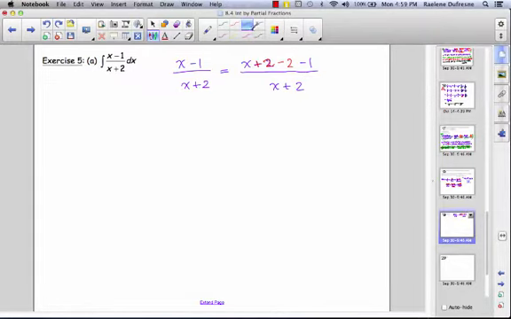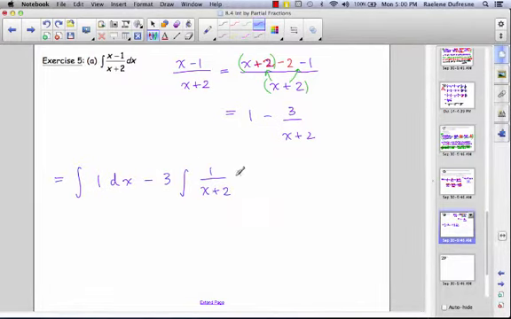And the reason I'm doing that is because I can group this together and I can divide x plus 2 into my two sort of terms here. x plus 2 over x plus 2 is 1, and then we get negative 3 over x plus 2. So this integral will be the integral of 1 dx minus 3 times the integral of 1 over x plus 2 dx, which is going to give x minus 3 natural log of the absolute value of x plus 2, and then plus c.